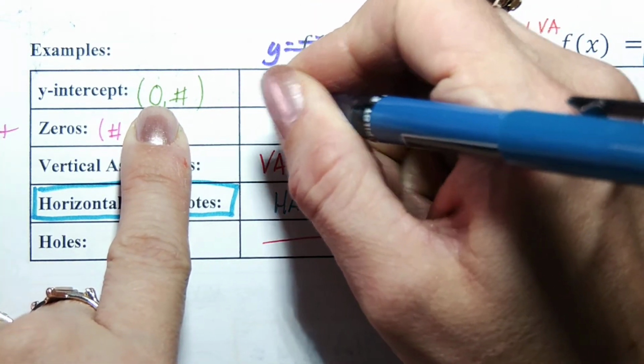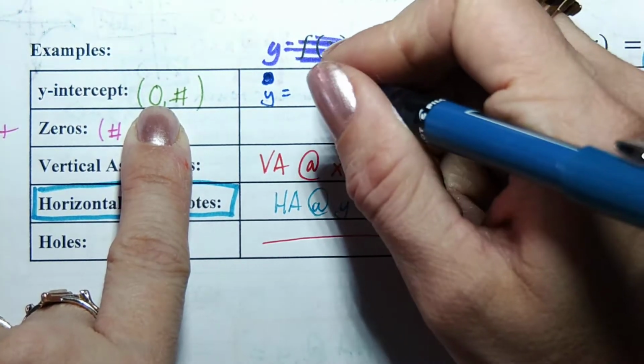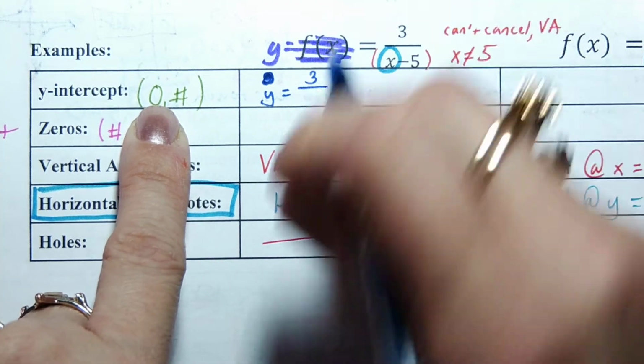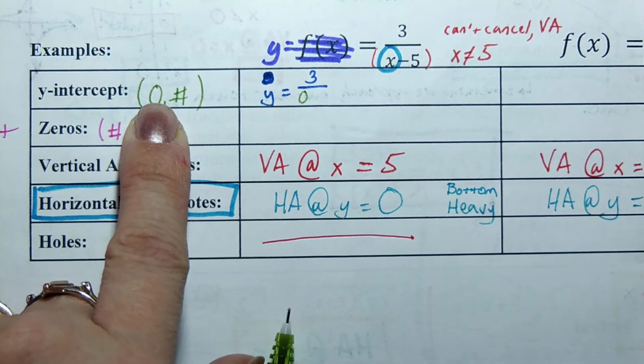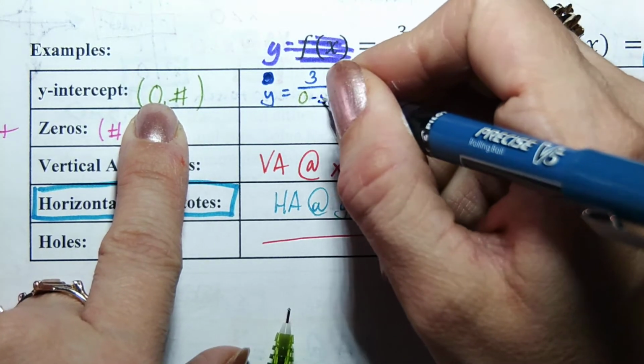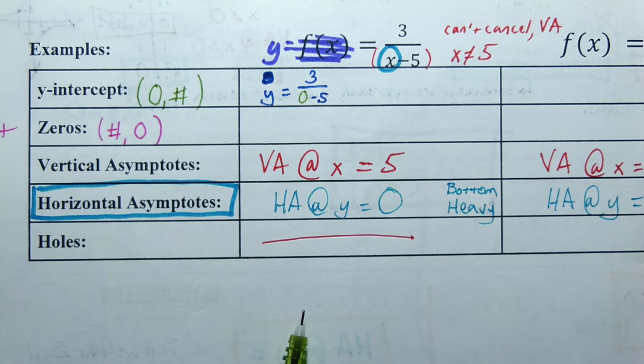We're going to have y equals 3 over 0 minus 5. So the y-intercept is always 0 and a number. So we are plugging in 0 for x.